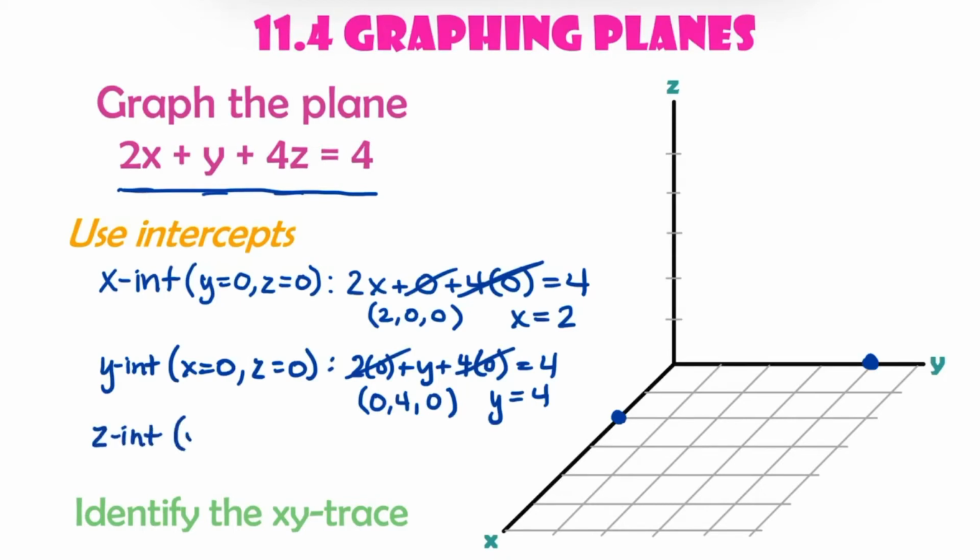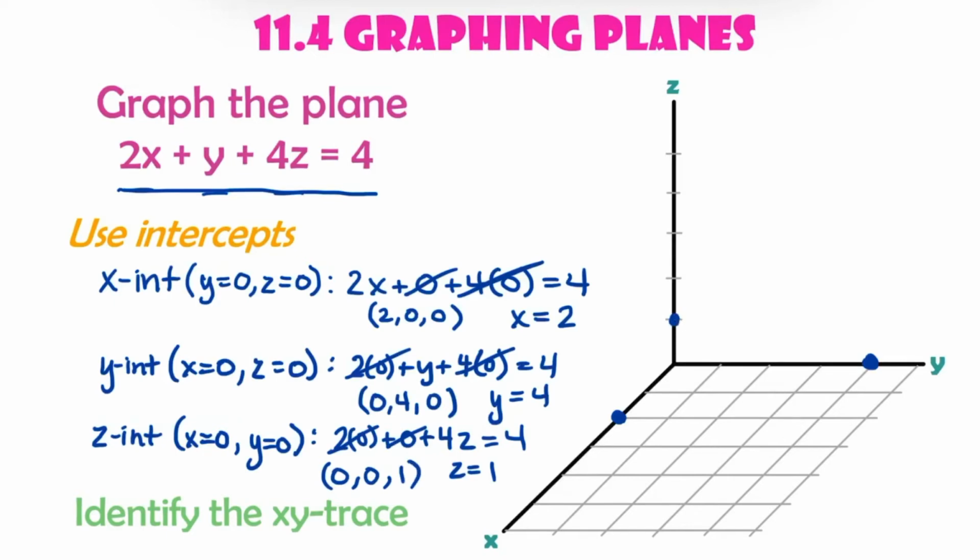Last one. We're on the z-axis, so we haven't gone forward, we haven't gone to the right or left. Zeros are gone, divide by 4, and I get z equals 1. That's the point (0, 0, 1).